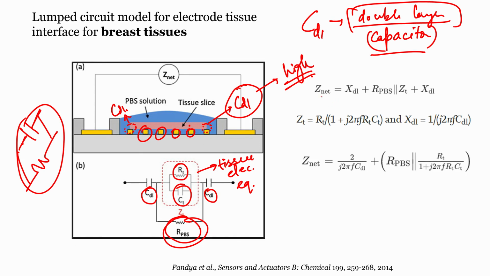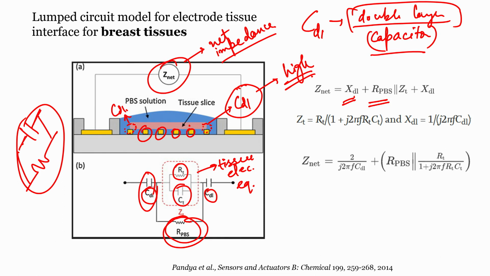So as we can see here, the Z net, which is the net impedance, which I had mentioned earlier. So Z net will be given by the reactance of the double layer. So this is the reactance of the double layer.